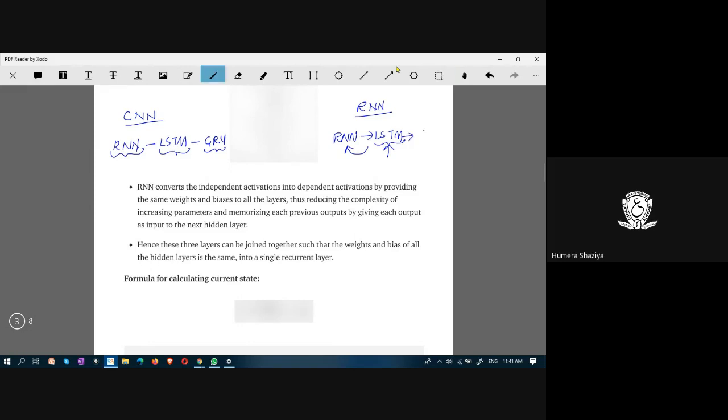Further, when it goes to GRU, it is at this xt. At time t, GRU is there. At time t minus 1, LSTM is there. At time t minus 2, RNN is there, and all are remembered in RNN. That is possible because of having same weights and then sharing of the weights and biases.